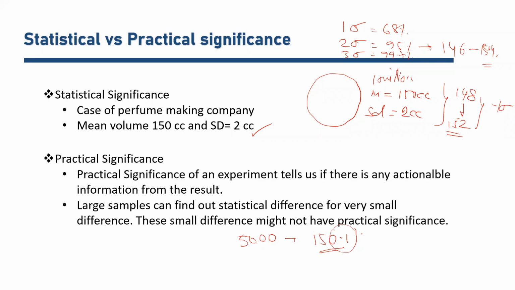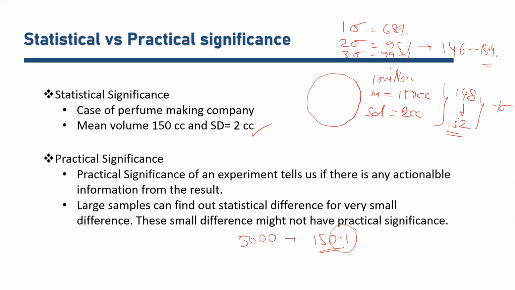So statistical significance does not imply that you have to act on it practically, right? Because if we do tuning for a small change, there might be a huge loss to the company, because you will halt one machine, or the production line might get impacted. But in some cases, it might make sense to stop the production.